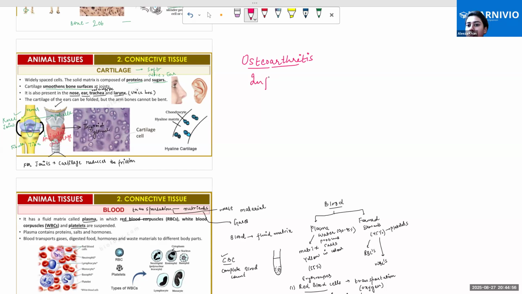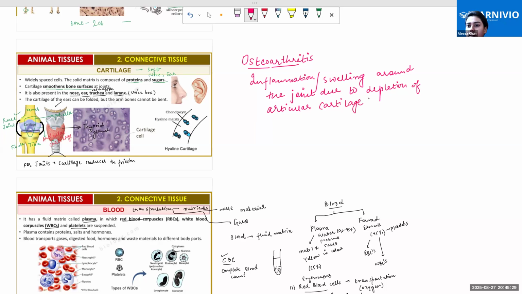Inflammation meaning swelling. Inflammation or swelling around the joint due to depletion of articular cartilage at that joint surfaces.